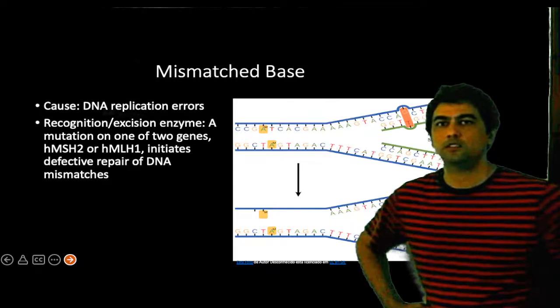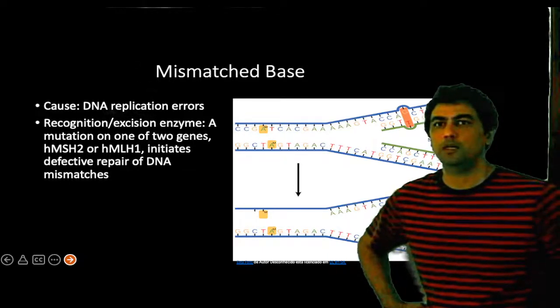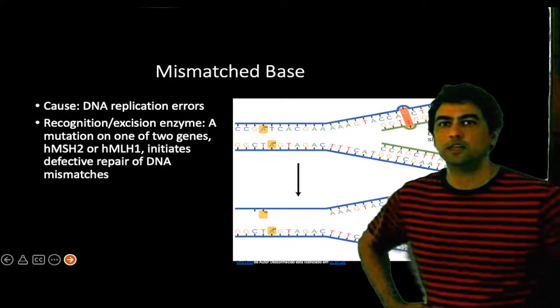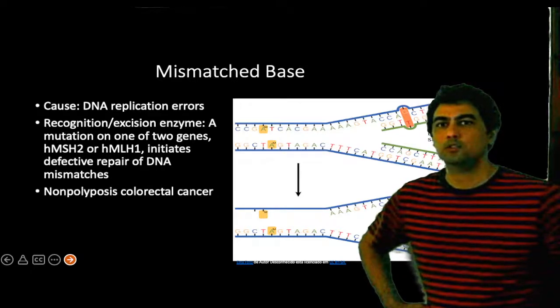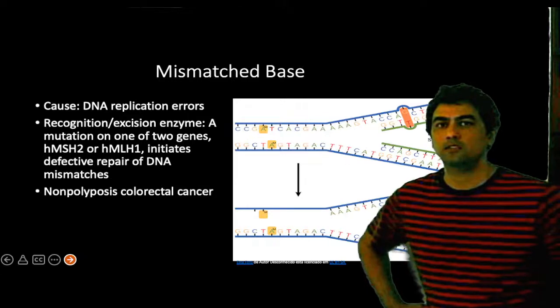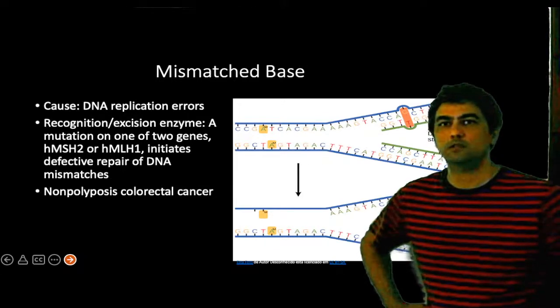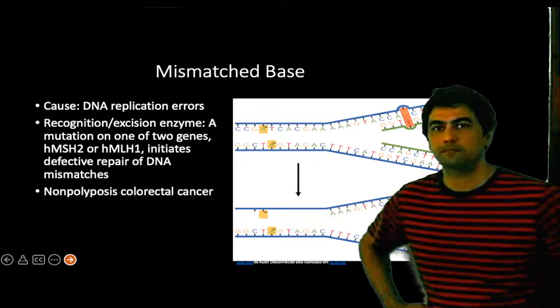Recognition excision enzyme: a mutation in one of the two genes, hMSH2 or hMLH1, results in defective repair of DNA mismatches. Nonpolyposis colorectal cancer is the most common disease associated with mismatch repair.